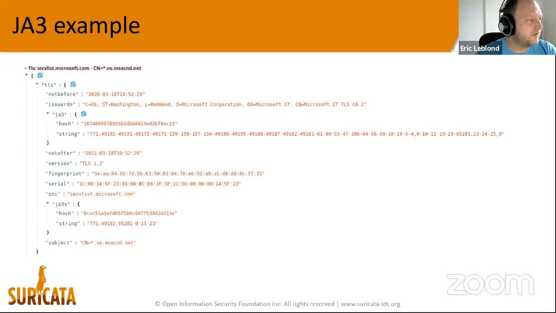Using this, they produce a hash version that is a little bit easier to read, just a hash of the string. By using that, we're able to identify the implementation. And for the GS3S, we've got the same thing. It's a little bit shorter, and the string and then the hash.